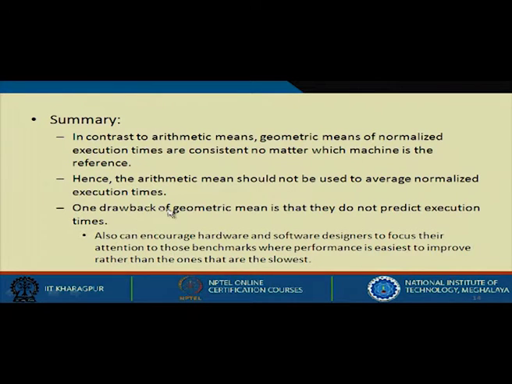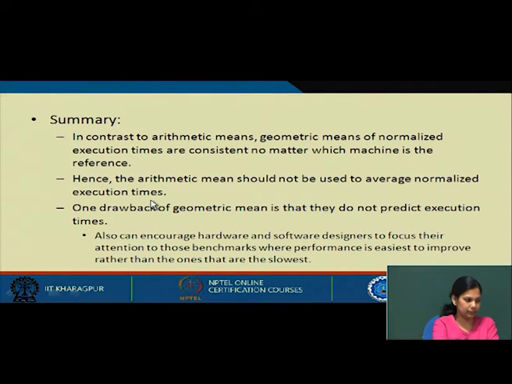We made B the reference machine, and in that case also C is better, and when we make C the reference machine, it is also better. So, the result seems to be consistent even if different programs are executed for different times. Hence, the arithmetic mean should not be used to average normalized execution times.